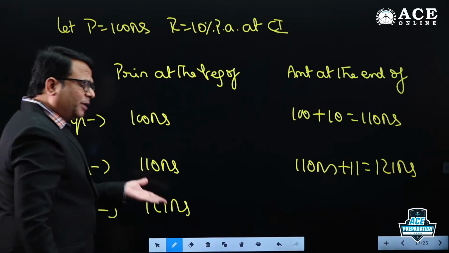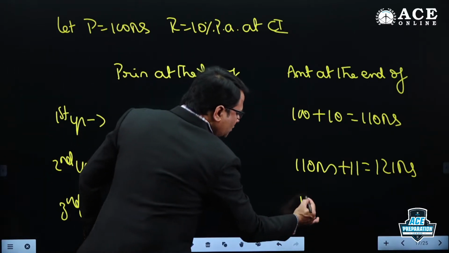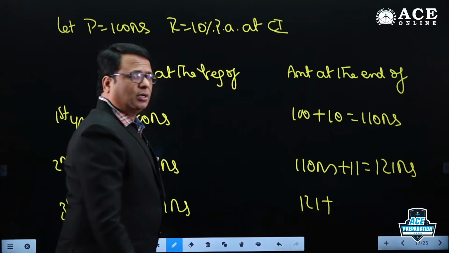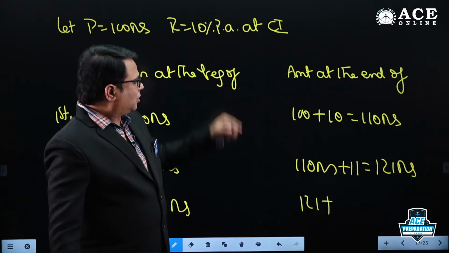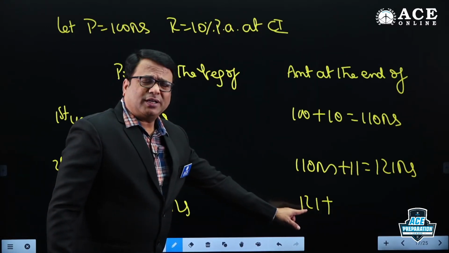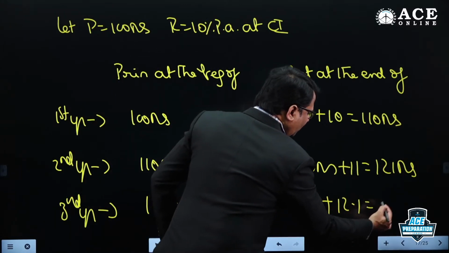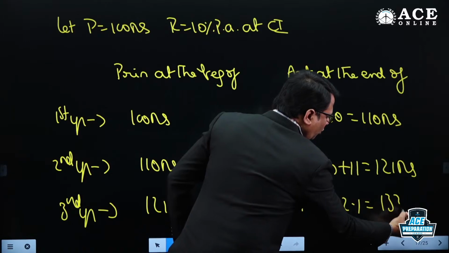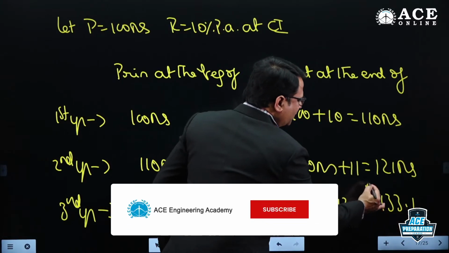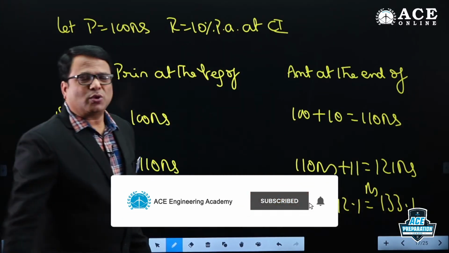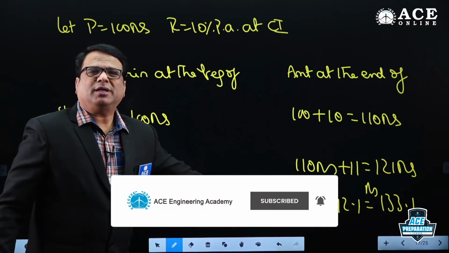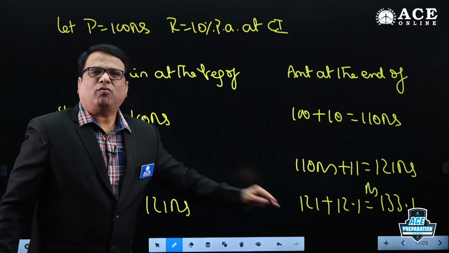Amount is once again principal plus interest. Principal is 121, interest is 10%. So 10% of 121, how much? 12.1. Then 133.1 rupees. So the amount at the end of the third year is 133.1.